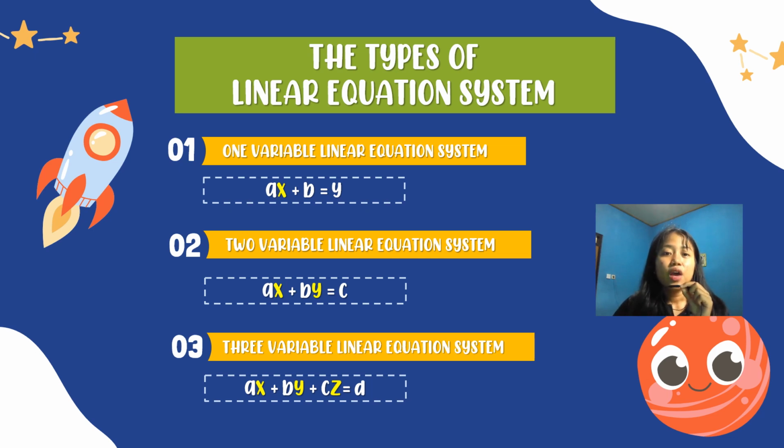The second is the system of two variable linear equation with general form ax plus by equals c. And the third is the system of three variable linear equation with general form ax plus by plus cz equals d.